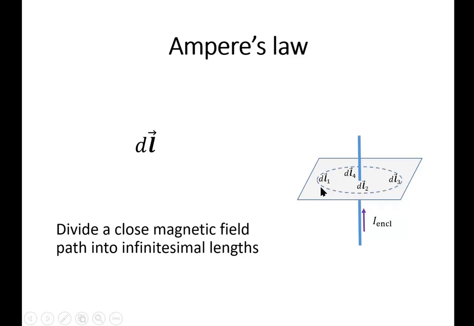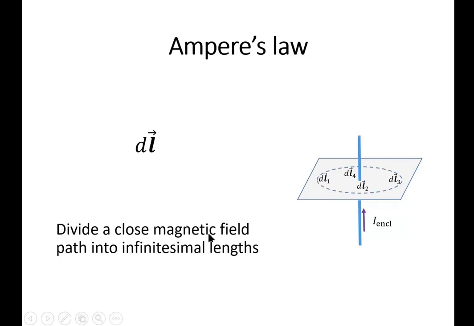We can have one here, another one, so many of them. An infinite number of small segments, and they add up to a closed magnetic field line. We've labeled just 4 of them: 1, 2, 3, 4. And each of them is a vector.